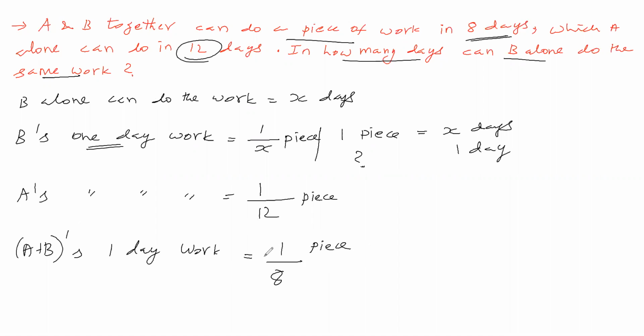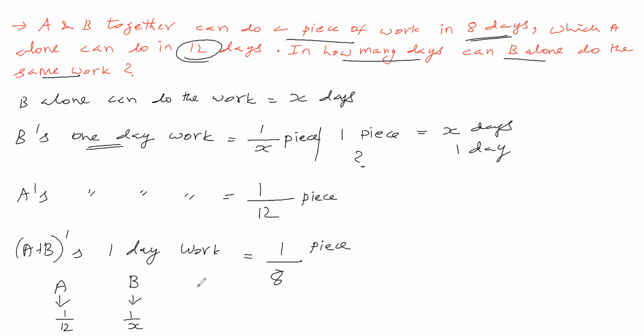Now, A alone does 1 by 12 piece in 1 day. B alone does 1 by X piece in 1 day.